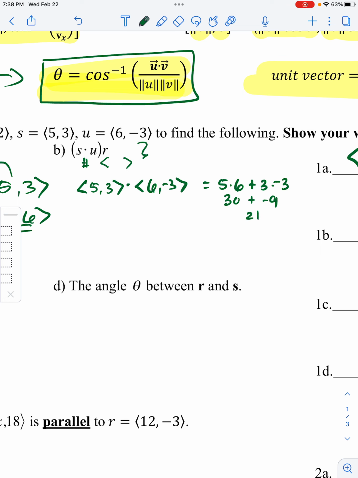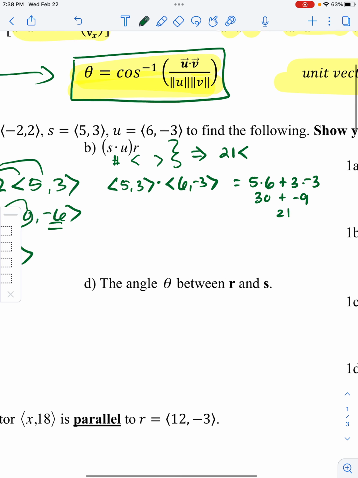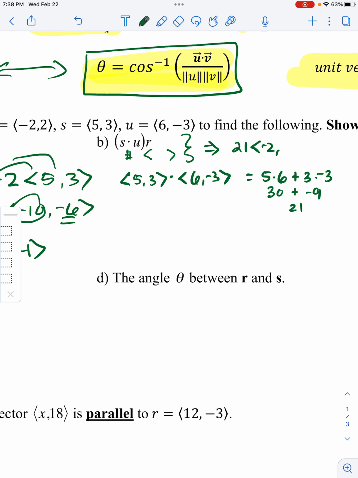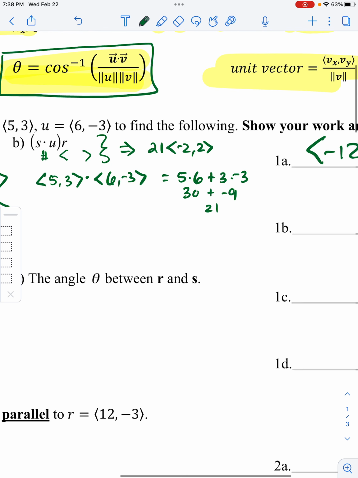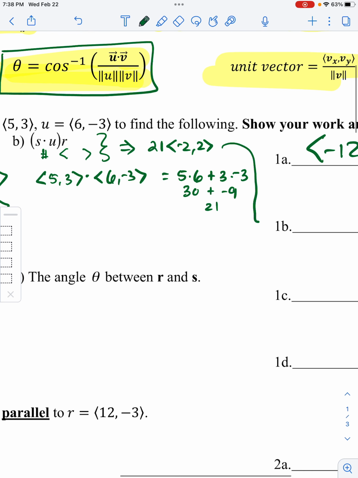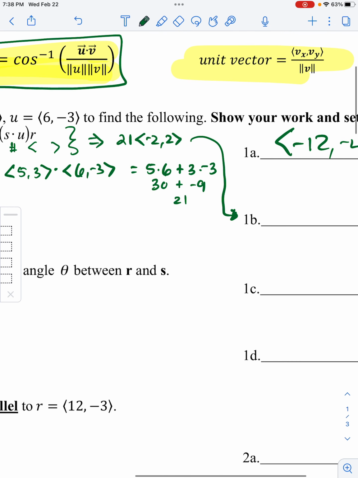So this turns into 21 times vector r, which is -2, +2, and that would become, I'm just basically distributing that 21, so -42, +42.